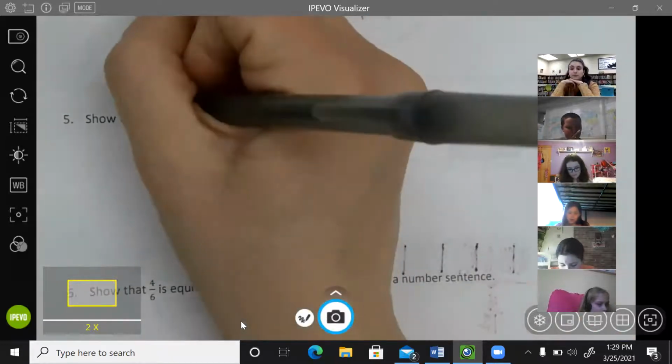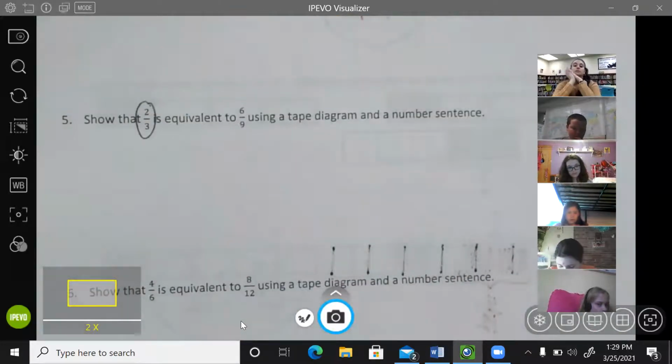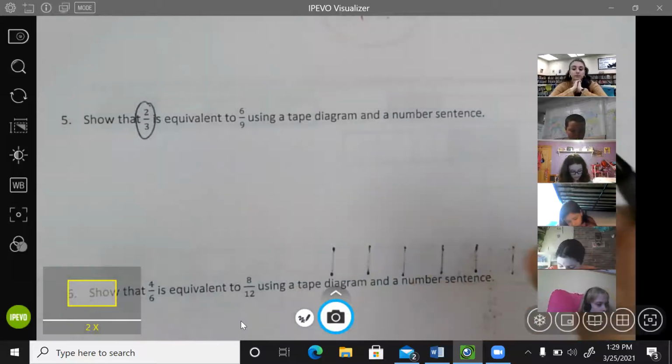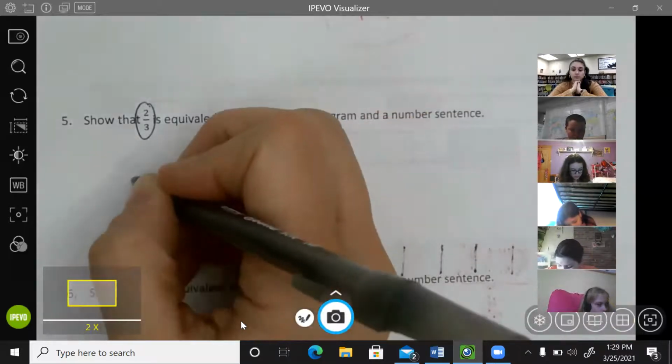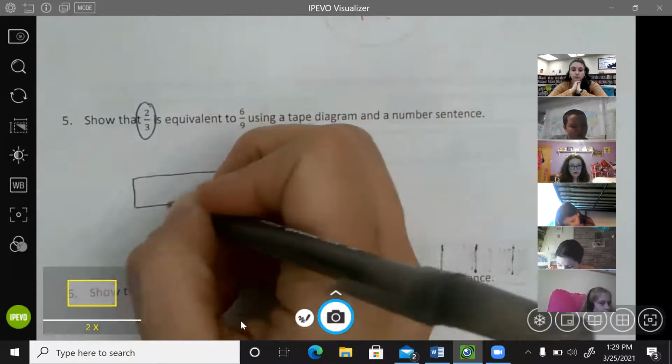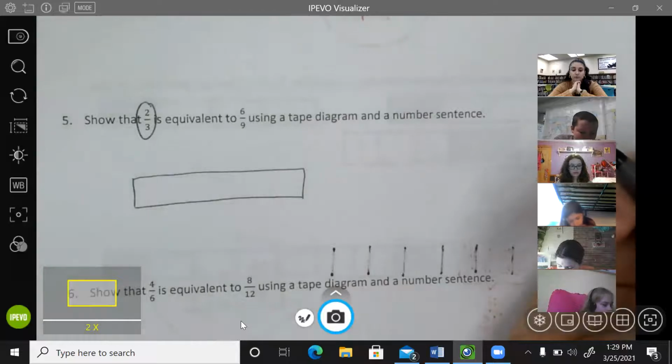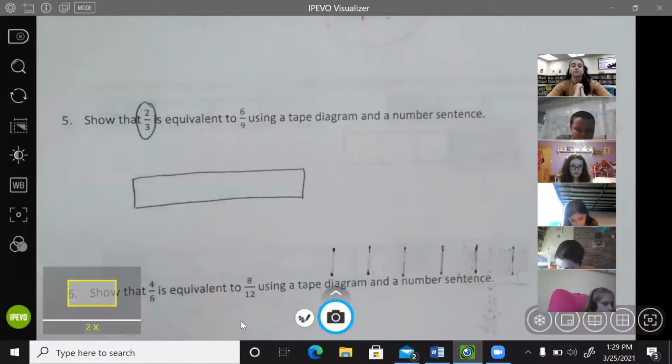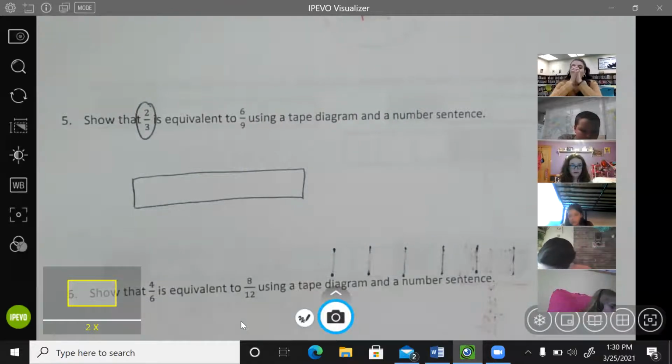Okay, first thing I want you to do is tell me how to represent 2/3. Draw a rectangle and draw 2 lines. Anywhere I want? No. Well, then where?